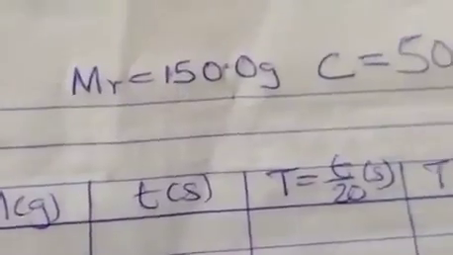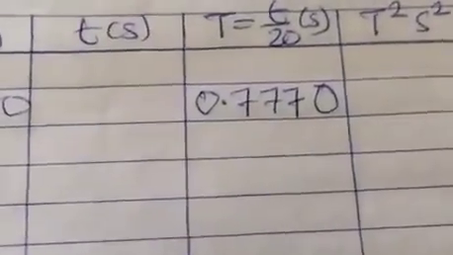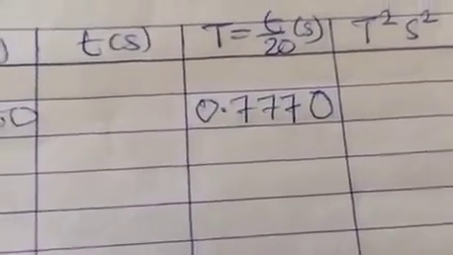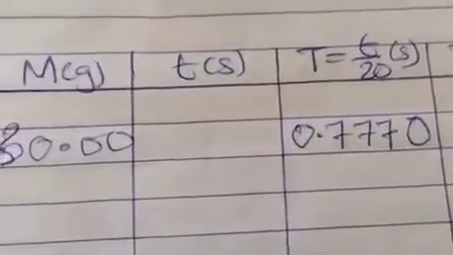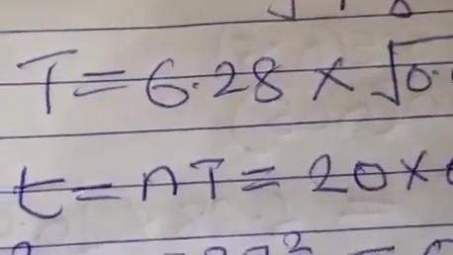Our period for the 30 gram mass is 0.777 to 3 SF, but when you report it on your table, you put it to 4 SF. So that will be 0.7770.